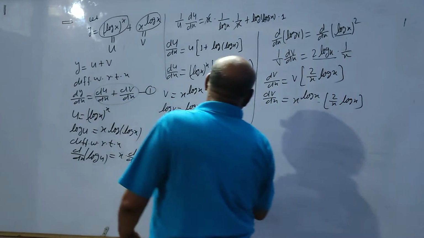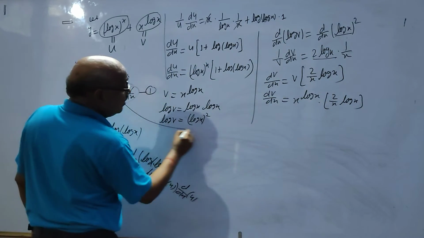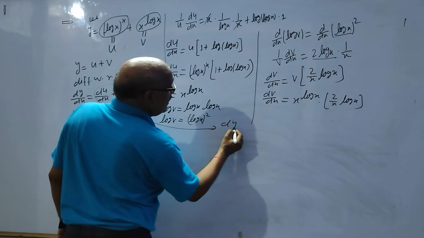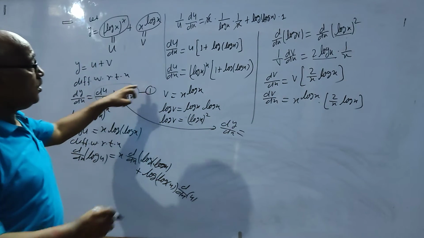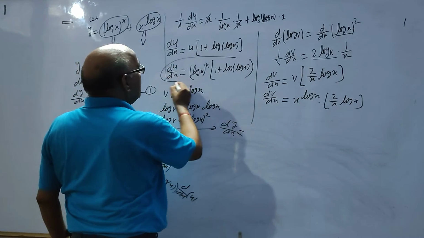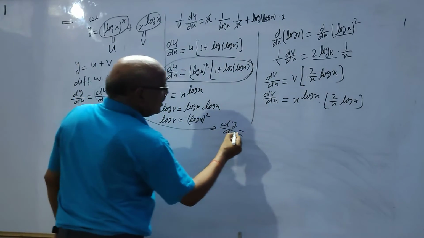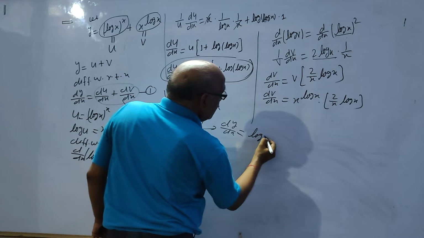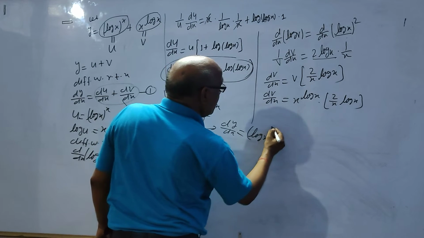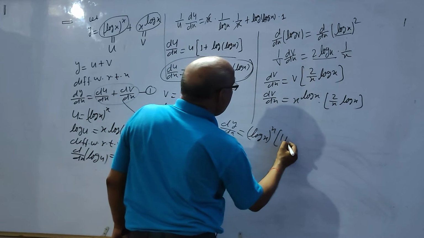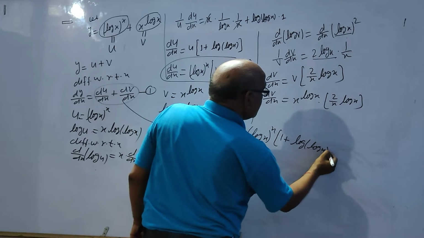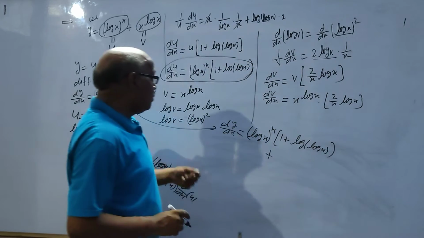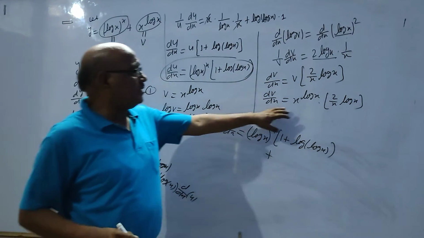So now you see from here dy over dx is equal to du over dx. This much is the value of du over dx. So that is equal to (log of x) whole to the power x into 1 plus log of x हो गया, and plus dv over dx. dv over dx is this one.